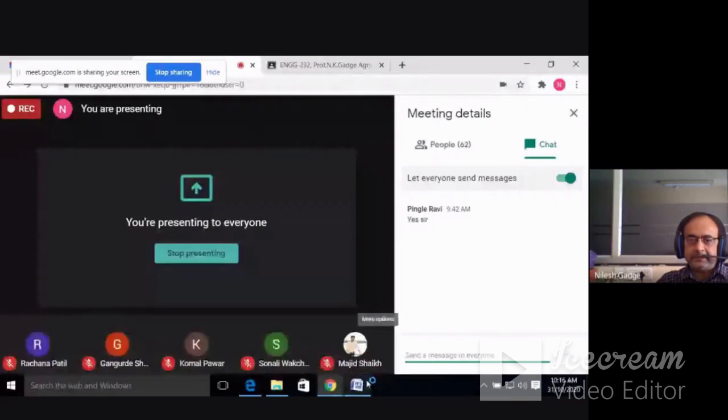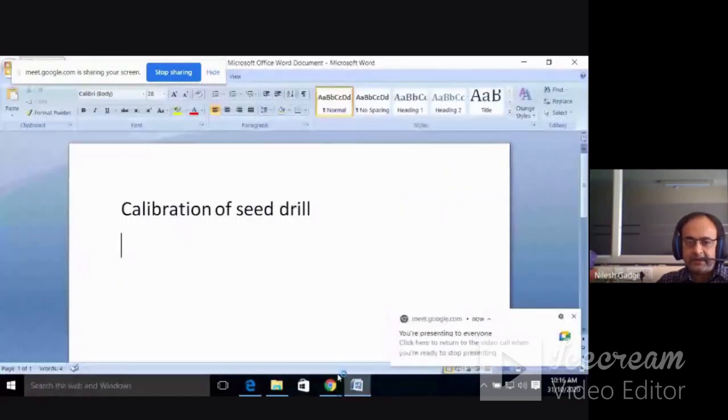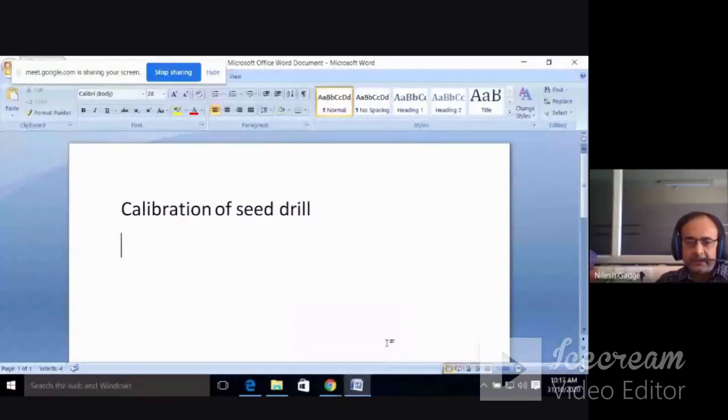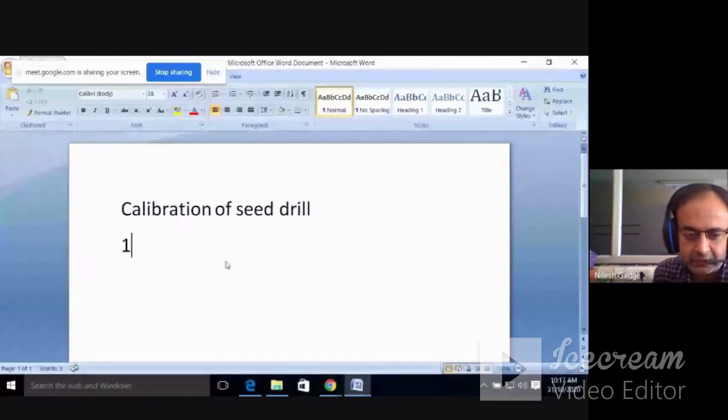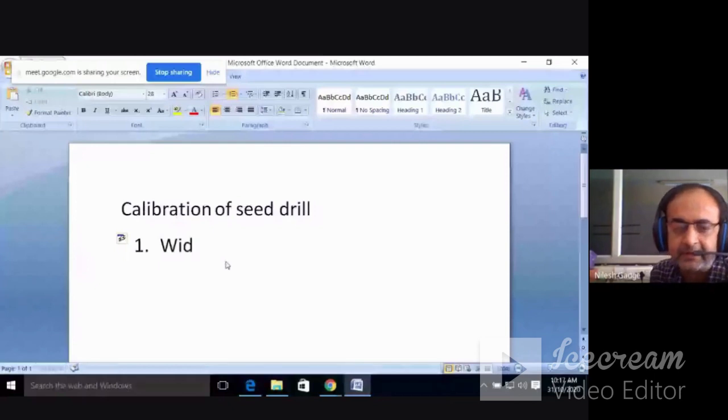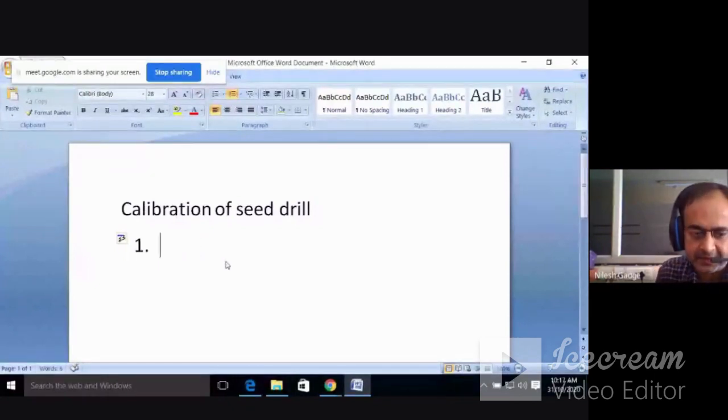This one, calibration of seed drill. Okay, now first what we have to do. You have to find out what is explained in the first step. In short, I will explain you. You have to find out the width of the seed drill.